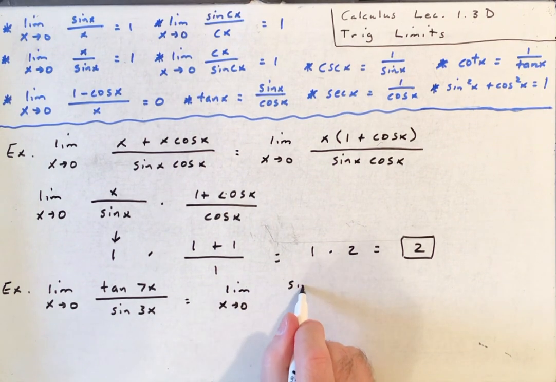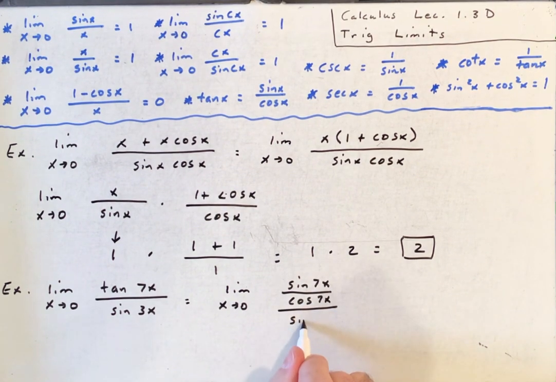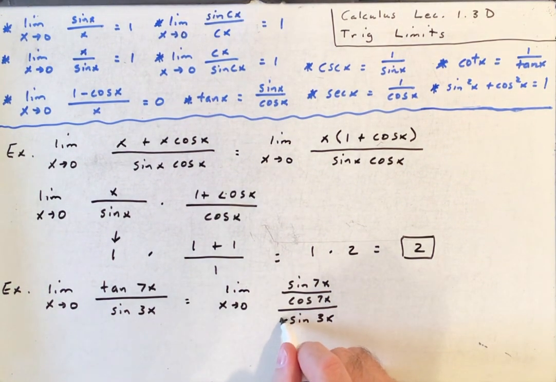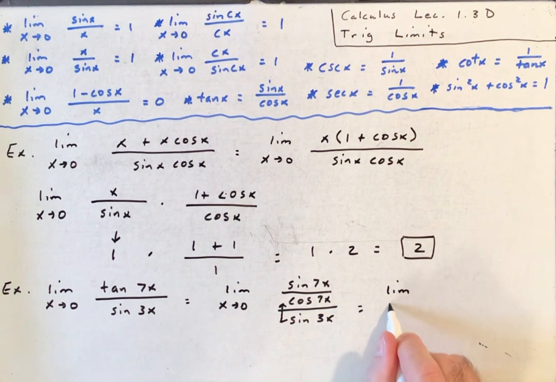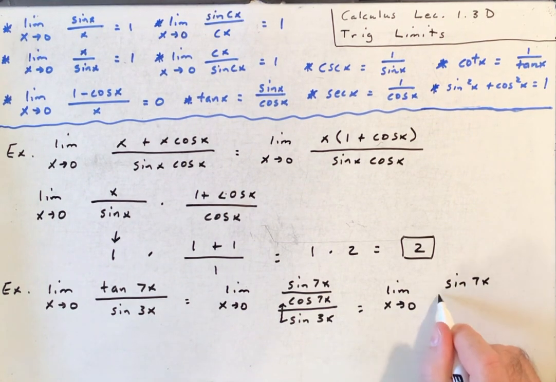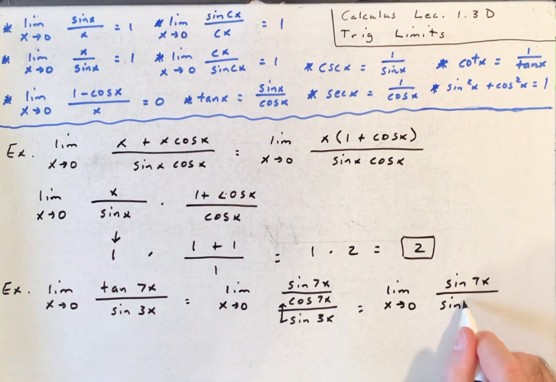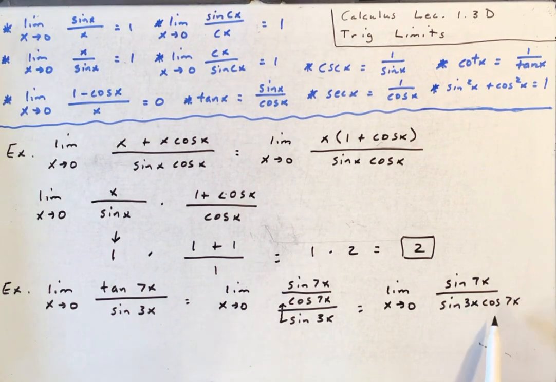So I'd have sine 7x over cosine 7x over sine 3x. Now we can take this bottom one, because it's like multiplying by 1 over sine 3x, and the shortcut is just move it up a level. So sine 7x over sine 3x cosine 7x. Okay, now I got it into sines and cosines.